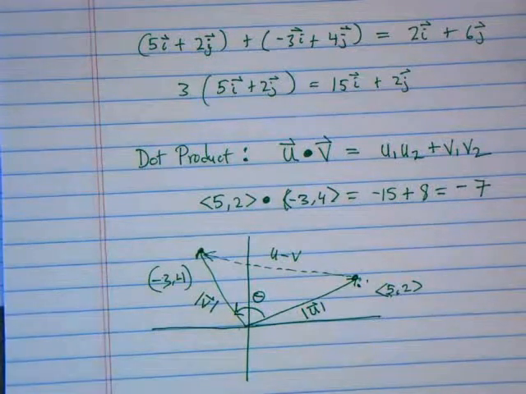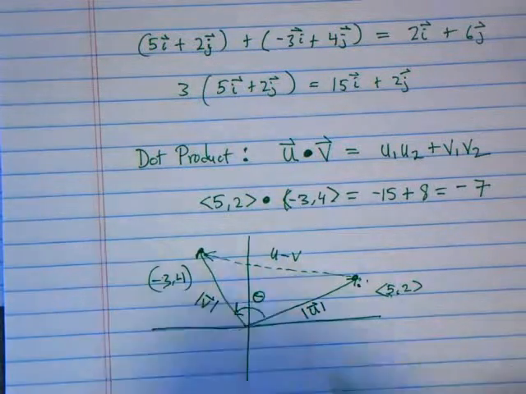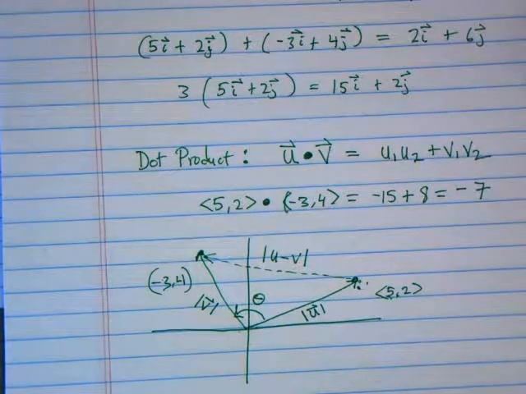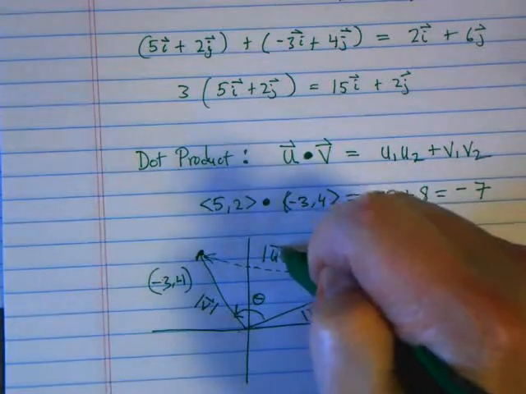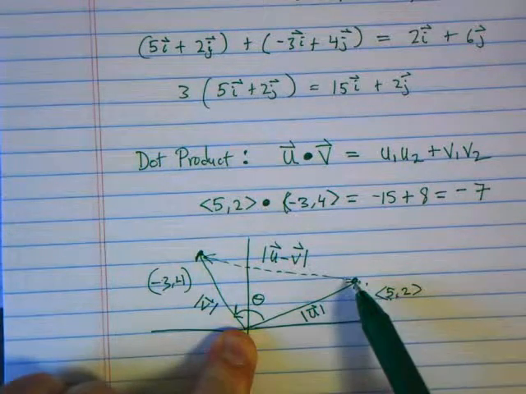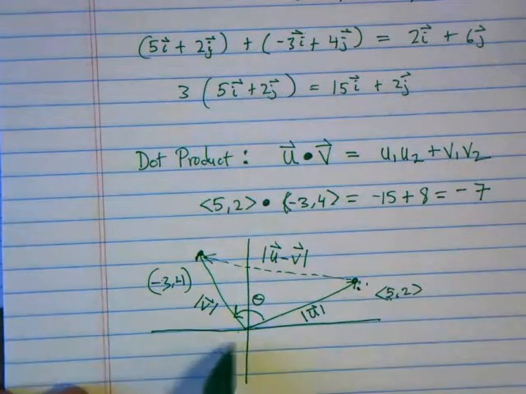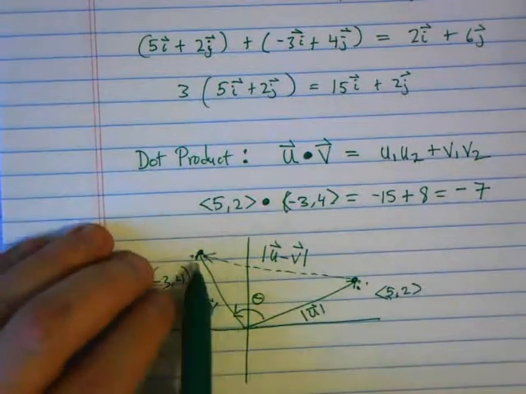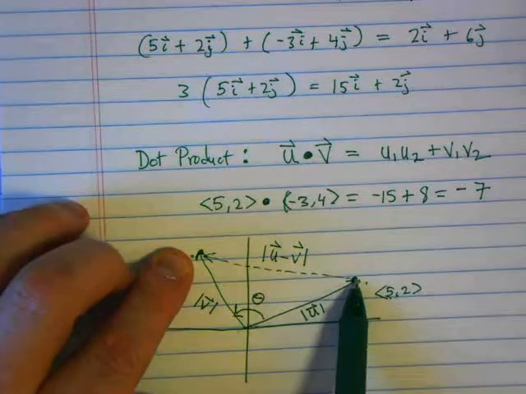What if I wanted to find that angle theta? How would you find that angle theta? Could you find the length of this vector? Yes. Could you find the length of that vector? Yes. Could you find the length of this vector? Yes.